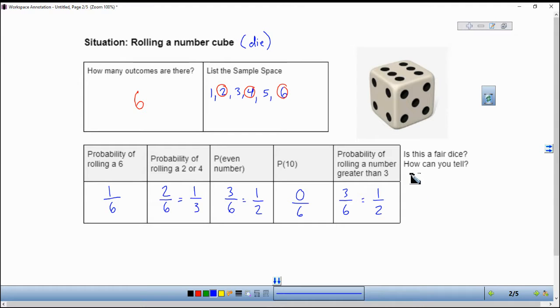So is this dice fair? We'll say a yes. The dice, or the die, I guess technically it's the die, is fair because the probability is the same for each number.